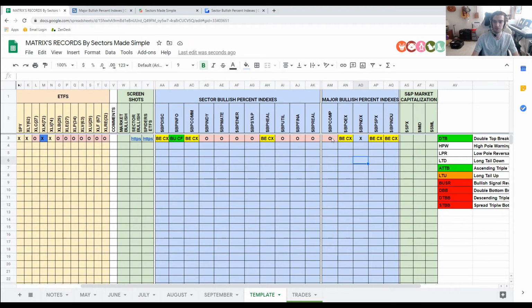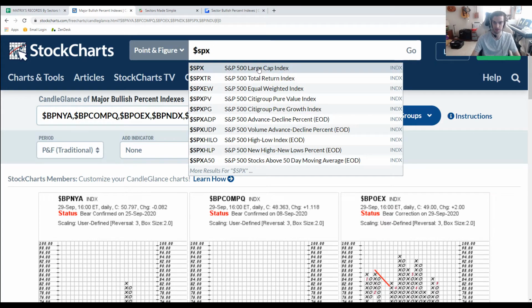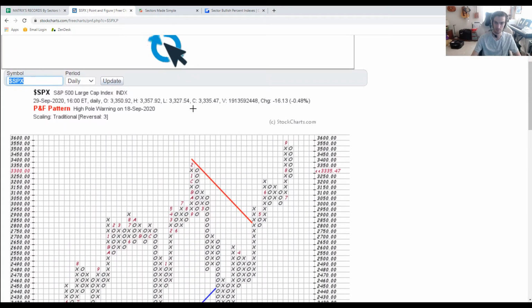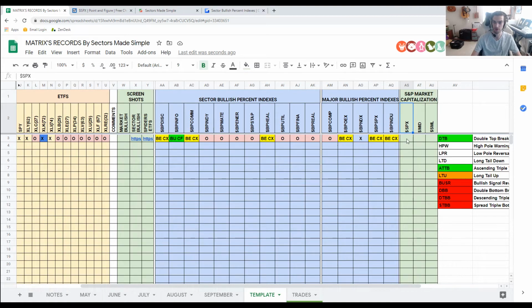The last thing that we can fill out is the market cap or the value of these three different indexes. SPX is our S&P 500 large cap. So if we go here to point and figure charts, $SPX, and we would look at this, we would see that this is in a column of O's.